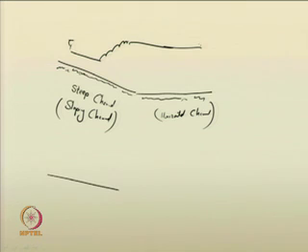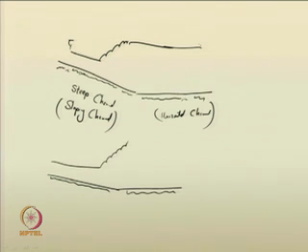Another case is the jump is encountered in both the sloping channel as well as in the horizontal channel. In both the locations, the jump positions are coming into picture.